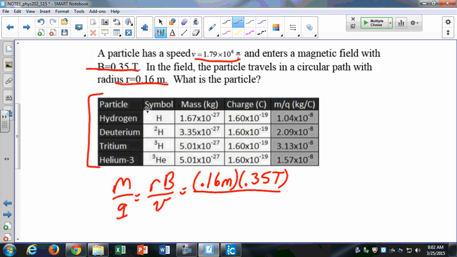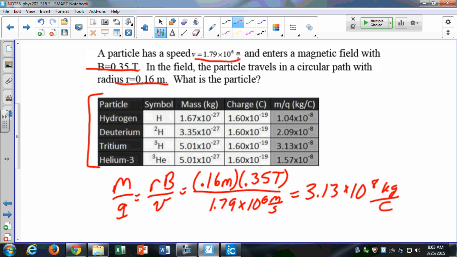That's a pretty big magnetic field, by the way. Usually your magnetic field would be a lot smaller than that, microtesla or whatever. And our velocity is 1.79 times 10 to the 6 meters per second. And I get a mass to charge ratio of 3.13 times 10 to the 8th kilograms per coulomb.